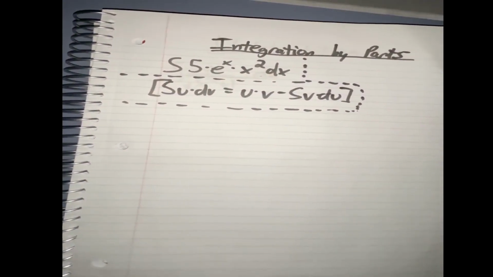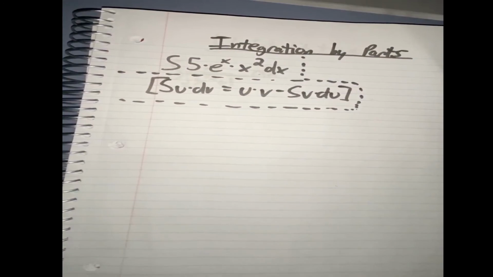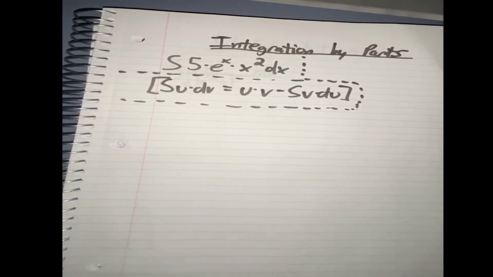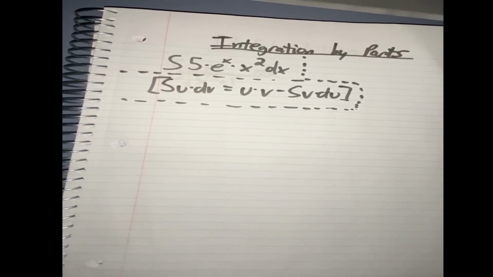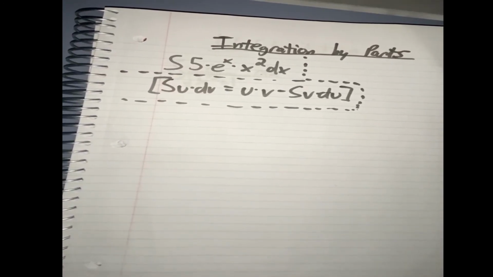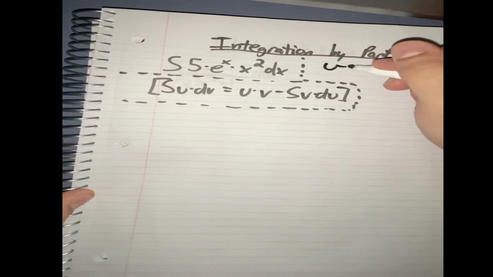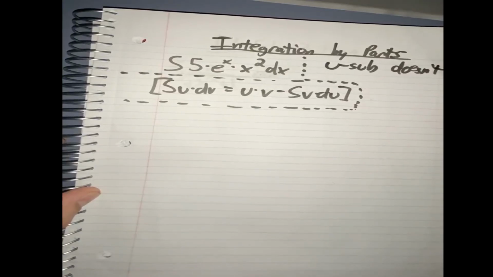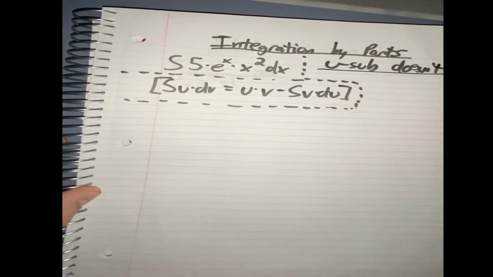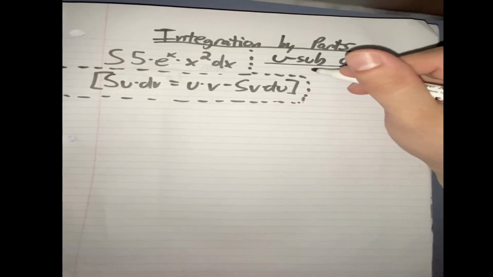Hello guys, in this example, we're going to cover integration by parts. The idea is basically to apply integration by parts when u sub doesn't work, and whenever you have two x variables.